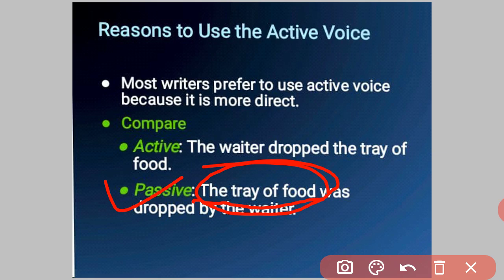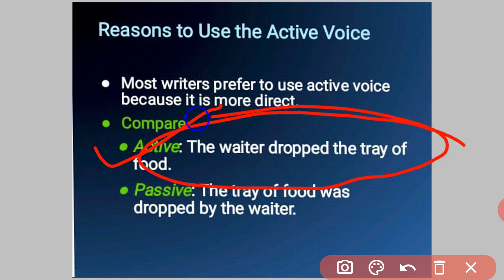What happened to the tray of food? So it is not direct. We have to think upon it. But in the first sentence, the active voice sentence, we are getting the direct meaning. The waiter dropped the tray of food, and here the tray of food was dropped by the waiter. So it is indirect. Getting? So that's why sometimes it's preferable to use active voice.